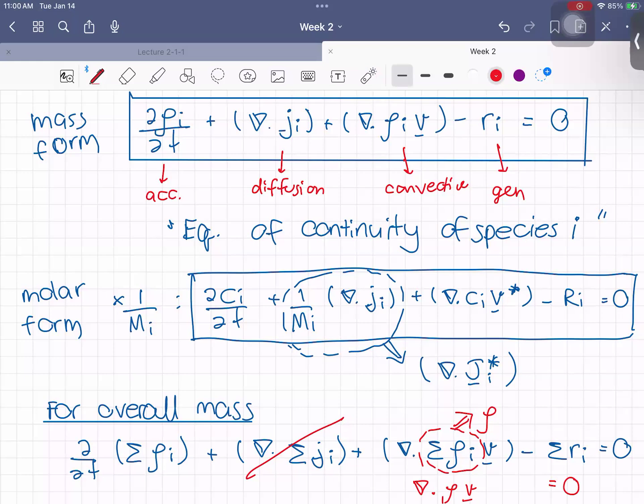Mass is conserved, and if we sum them all up, anything generated or consumed is going to be equal to zero. So neglect this term. We have only two terms left from this overall mass equation.